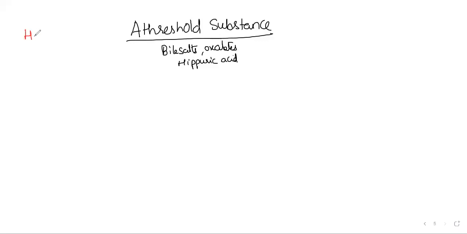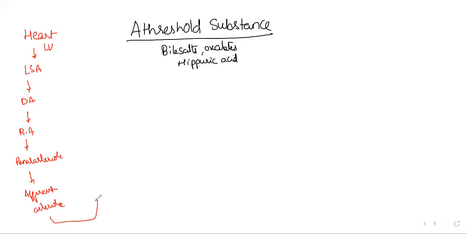Actually, it should start the story from the heart itself, left ventricle. Then from the left ventricle, left systemic aorta, dorsal aorta, then renal artery, then renal arteriole. Okay, renal arteriole, afferent arteriole. Okay, then glomerulus.